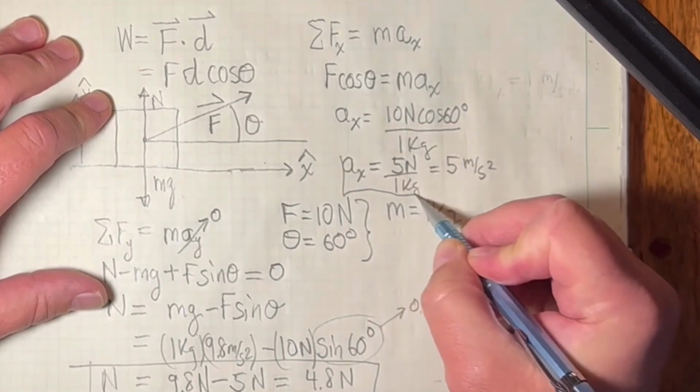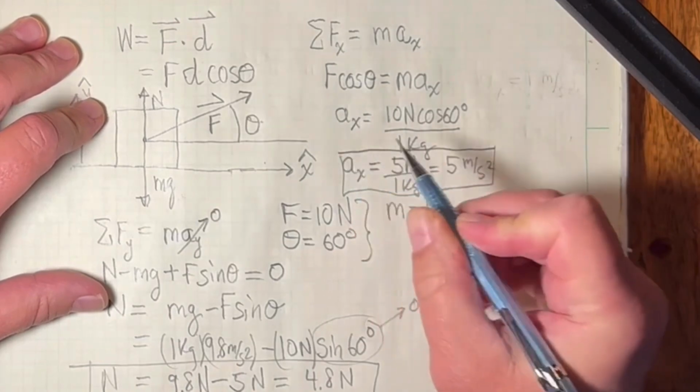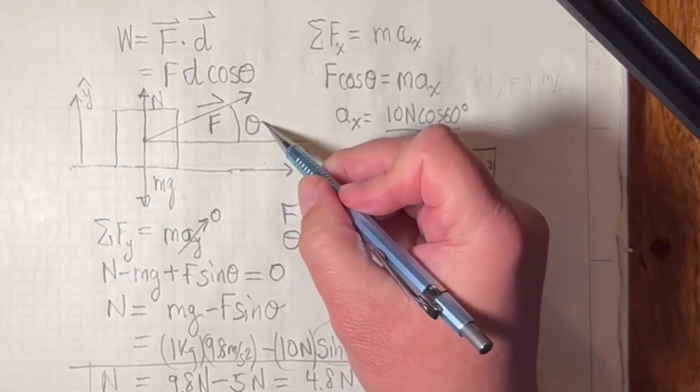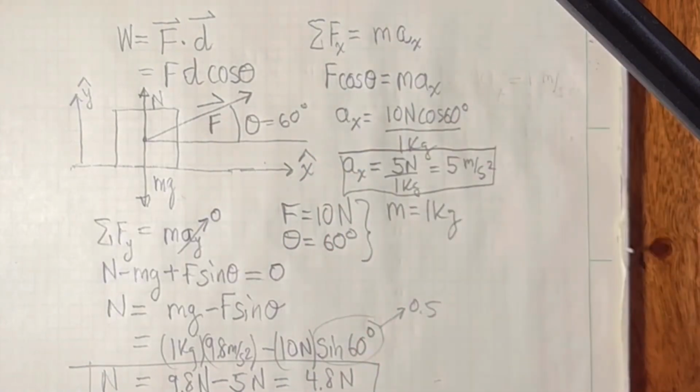So the acceleration in the x direction, as we apply this force of 10 newtons at an angle theta equals 60 degrees, is 5 meters per second squared. Well, let's get another piece of paper and go to the next part.